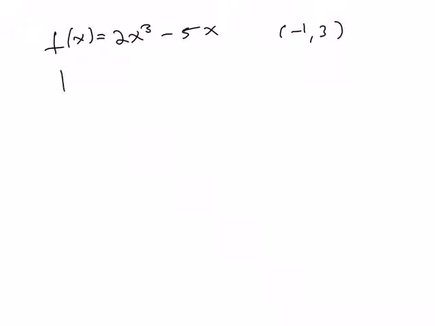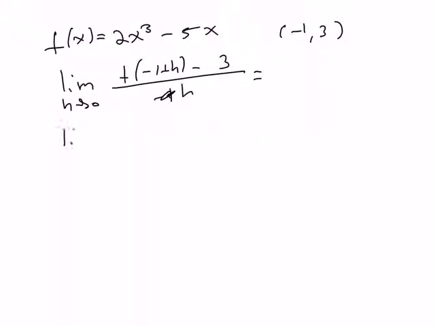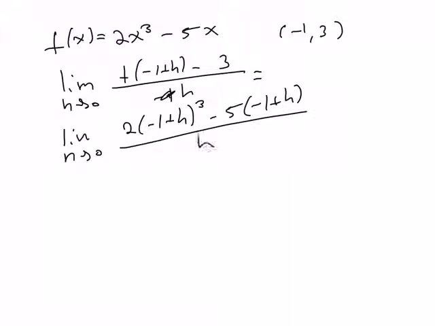So we are looking at the limit as h goes to 0 of f of negative 1 plus h minus 3 over h, equal to the limit as h goes to 0 of, everywhere you see an x, you just plug in negative 1 plus h, minus 5 times negative 1 plus h, over h.